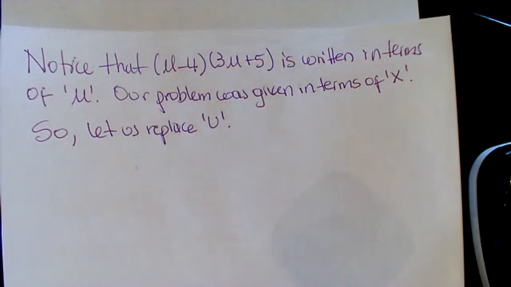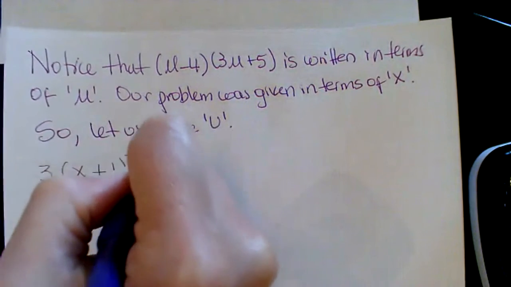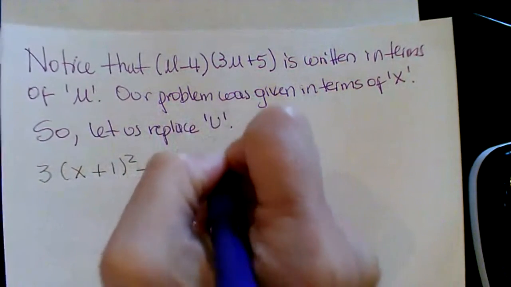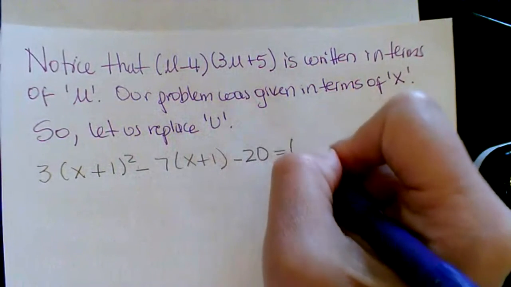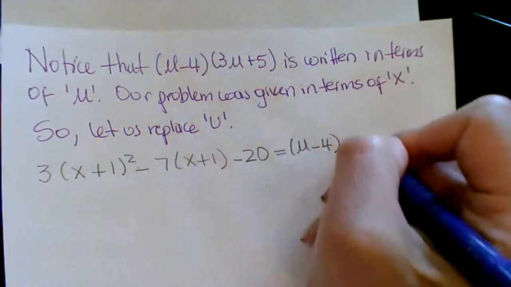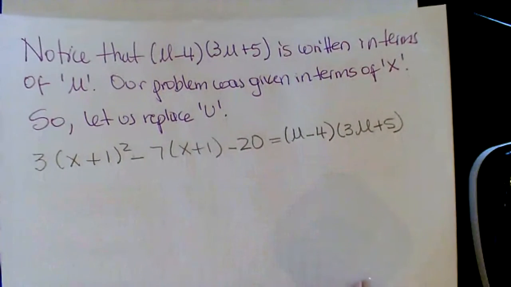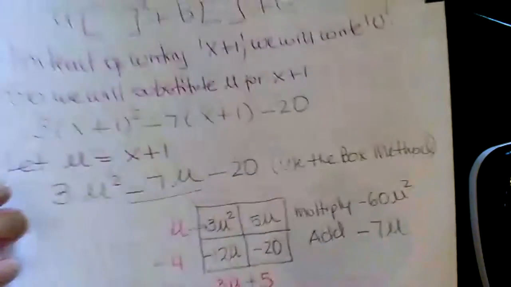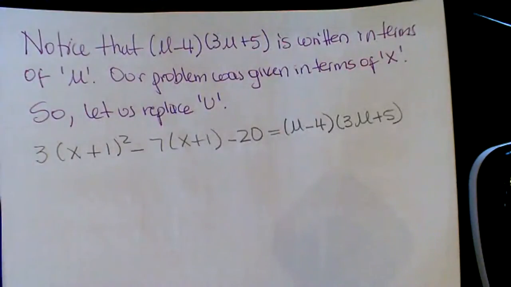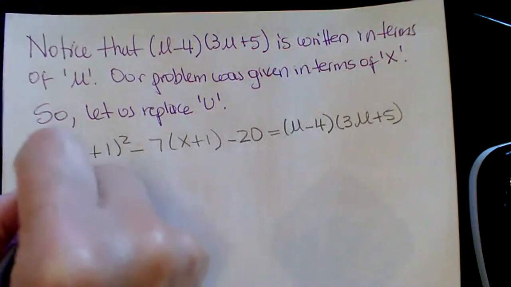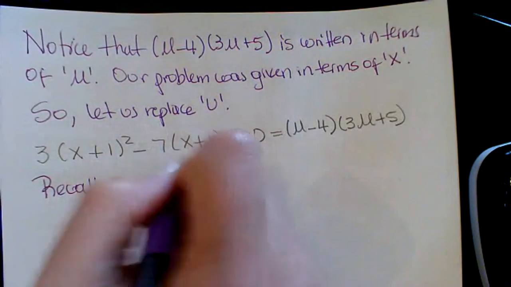So this is what we have: 3x plus 1 squared minus 7x plus 1 minus 20. All right, and we said that this was equal to u minus 4, 3u plus 5. And if you remember, we said u was going to be equal to x plus 1.